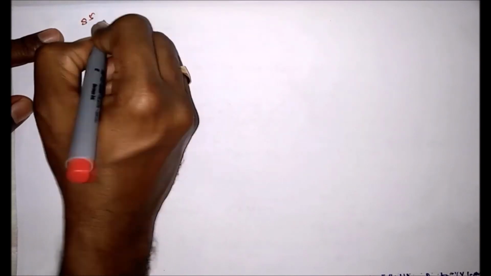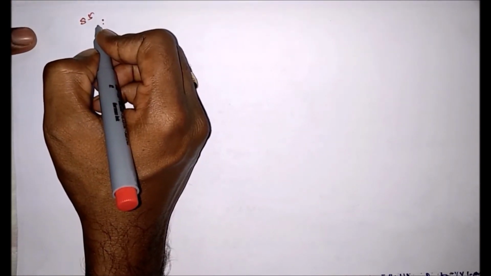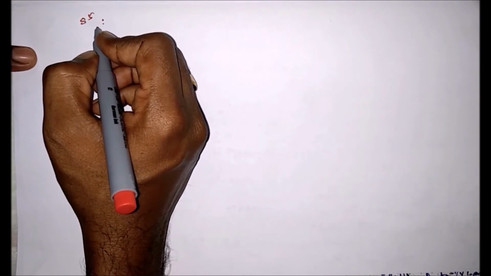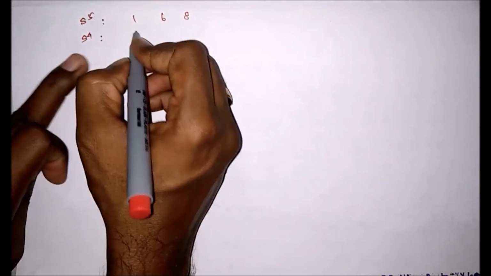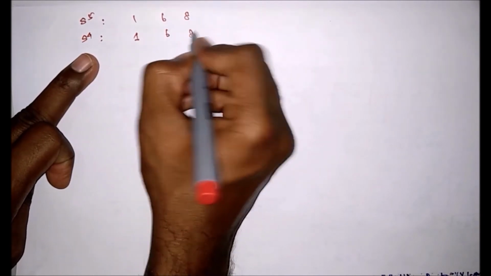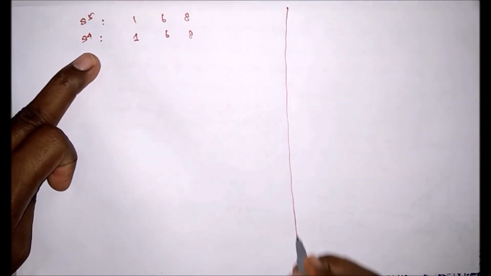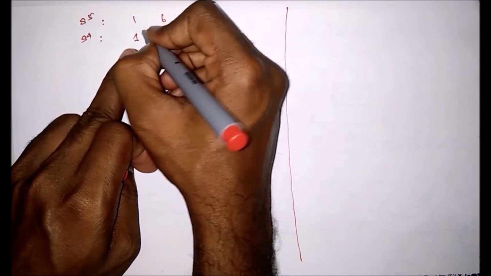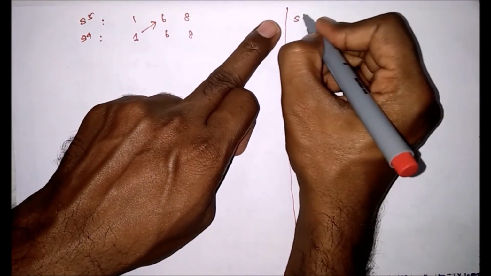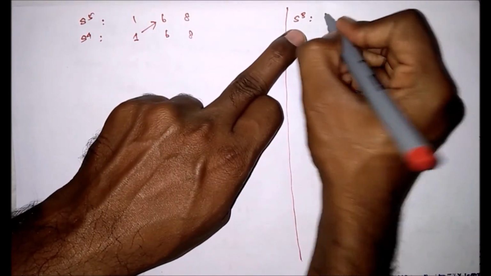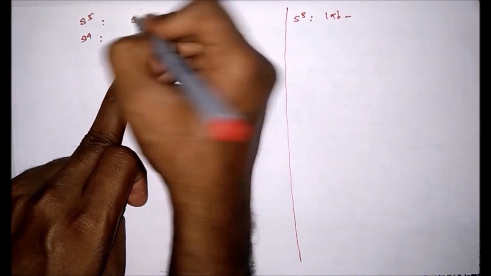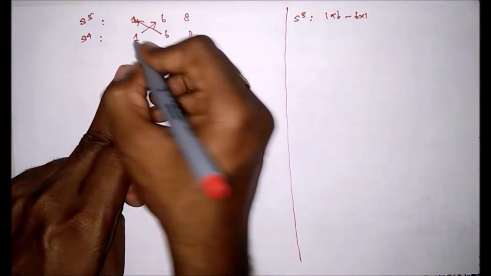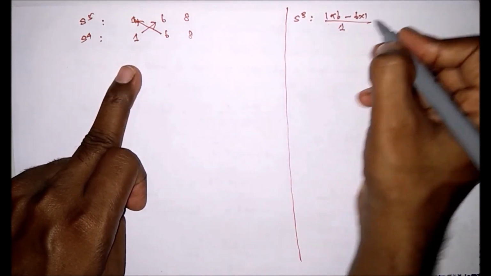For our convenience, we write the s^5 row once again, as a continuation: s^5 is 1, 6, 8, and s^4, which we just found, is 1, 6, 8. Using the same concept, for s^3 we take 1 into 6 minus 6 into 1, divided by 1.